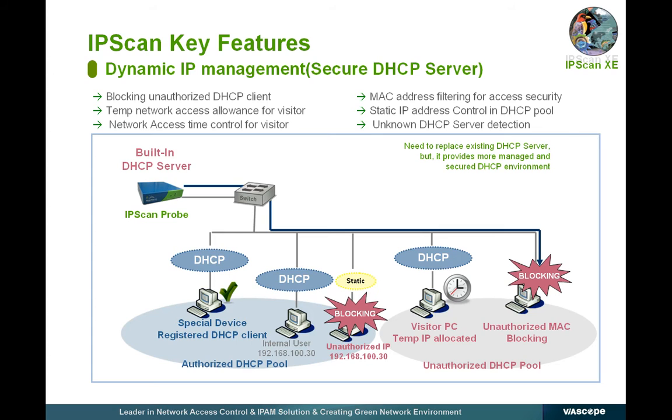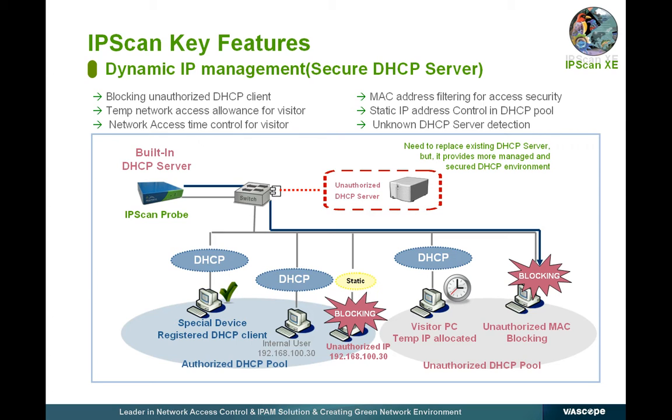The DHCP server of IPScan features blocking static IPs within the DHCP range that prevents possible occurrence of such IP conflict in a DHCP environment. Another possibility of IP conflict occurs if a different private DHCP server other than the managed DHCP server exists. For example, in a college laboratory that is equipped with a different DHCP server or uses an IP router for experiment and IP sharing, the DHCP service is duplicated.